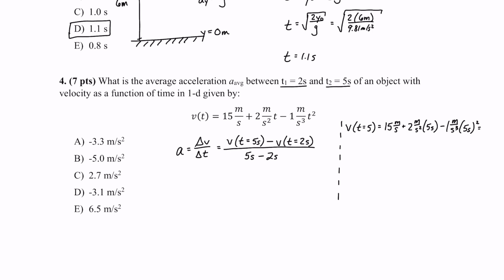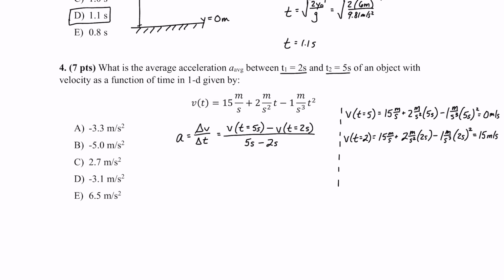Plugging this into a calculator, it actually equals 0 meters per second. Repeating this same process for t equals 2 gives the following: 15 meters per second plus 2 meters per second squared times 2 seconds minus 1 meter per second cubed times 2 seconds squared, and this is equal to 15 meters per second.